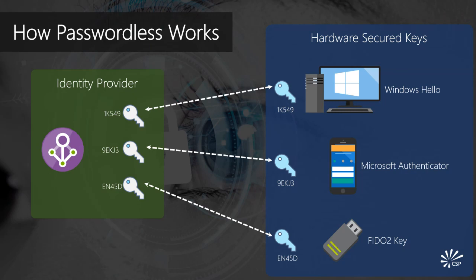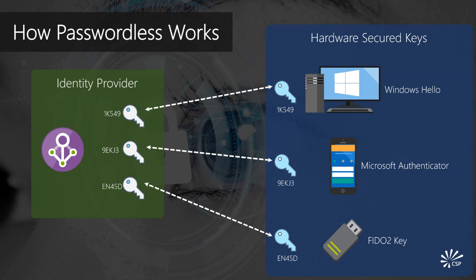The private key is generated on the hardware device itself, and it is secured to that device. It's unique to that device, and it never leaves that device. While there's a corresponding public key that gets registered with the service you're trying to authenticate to. These keys are not the same as a username and password combination. In fact, there's no password associated with passwordless credentials, thus the name passwordless.